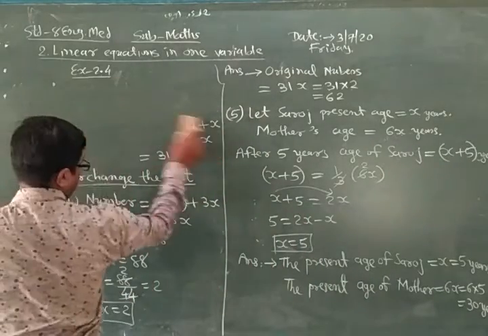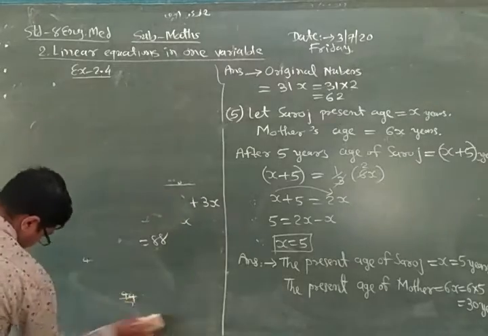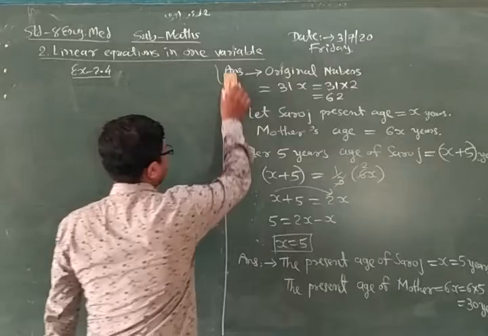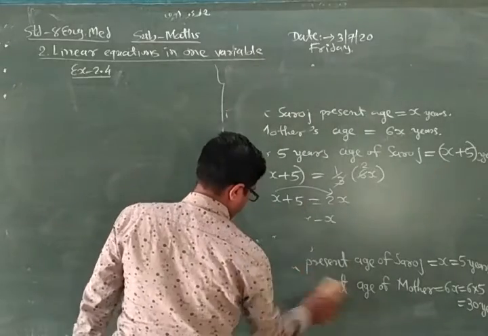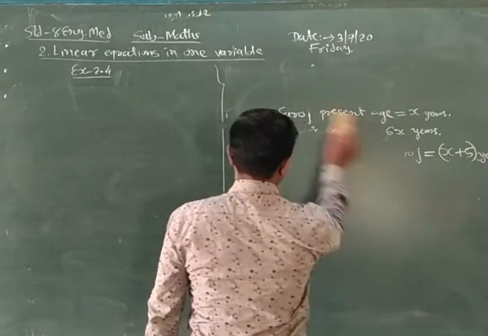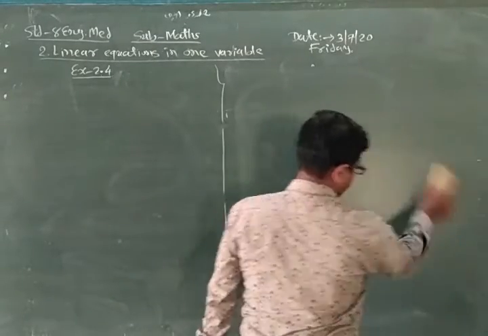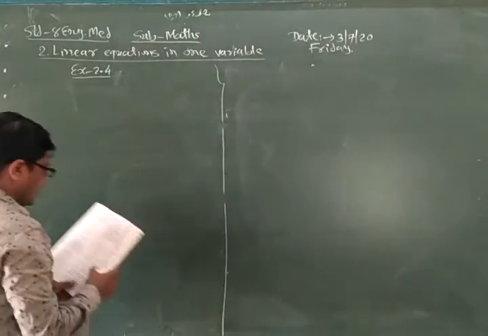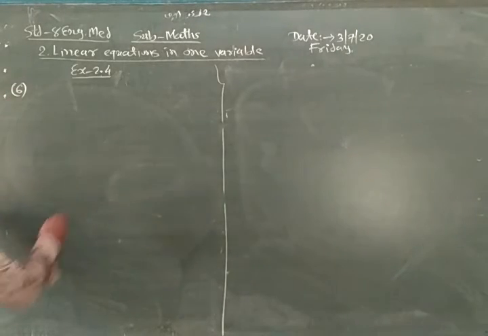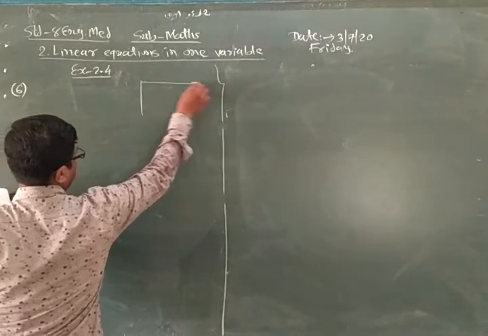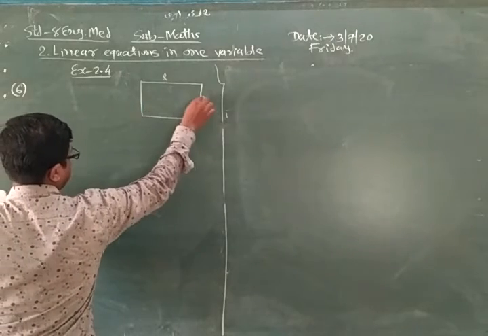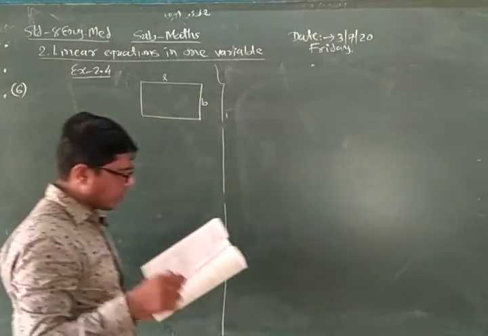Question number 6. The first word given here is rectangular. It means this type: length is the longer side, breadth is the shorter side. This is the length, this is the breadth. Okay.